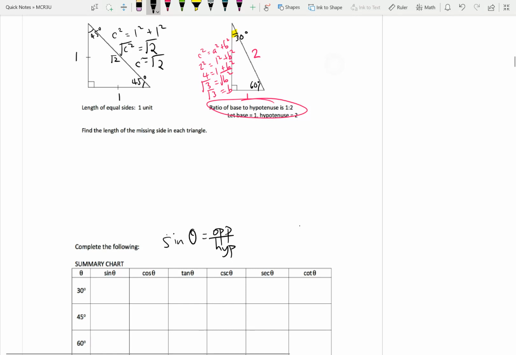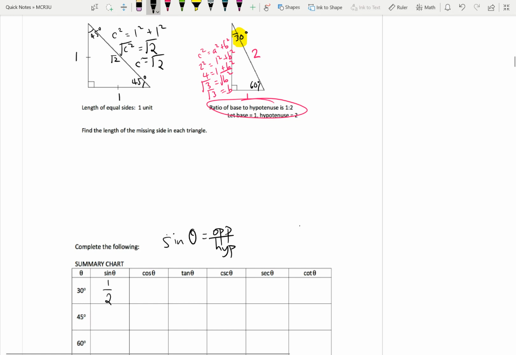So where's the 30 degrees? 30 degrees is this angle right here. And if I want the opposite over hypotenuse ratio from 30, I know that it's going to be 1, which is my opposite, over my hypotenuse, which is 2. So that will give me 1 over 2.